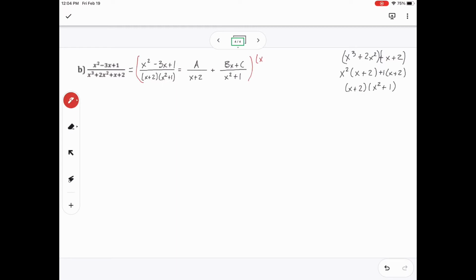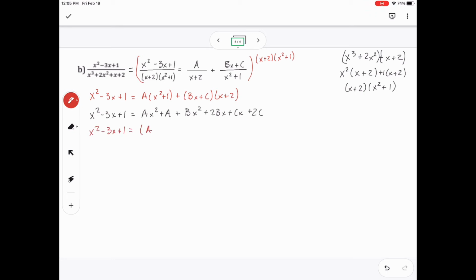So multiply both sides by the common denominator. Now because you have two binomials in the second one, I'll have to multiply Bx plus C times x plus 2 to get the following multiplication out.